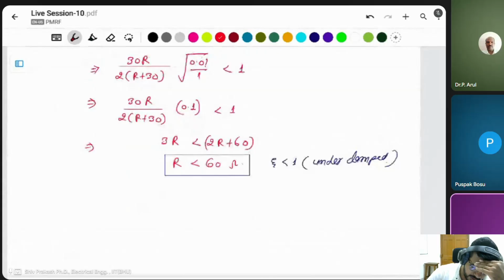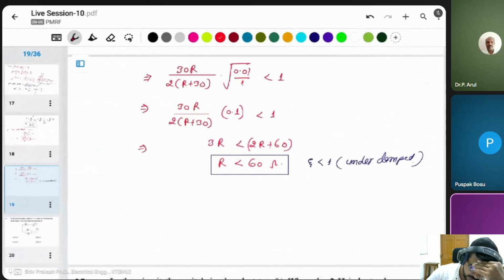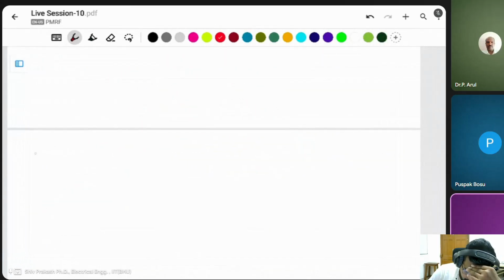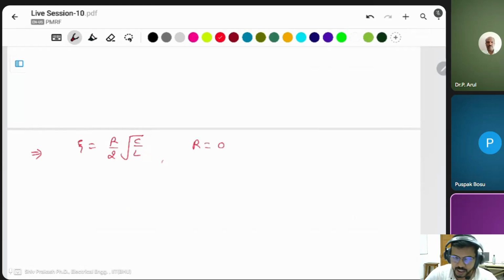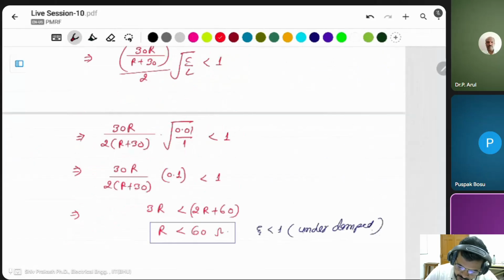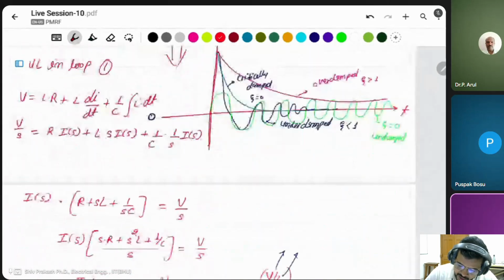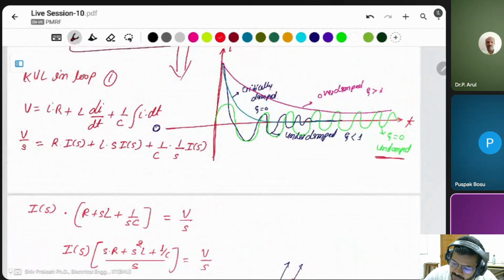You know about zeta, R by 2 times the square root of C by L. Suppose there is no resistor in the circuit, then what is zeta? Zeta is equal to 0. What is the case of zeta equal to 0? It is an undamped system.